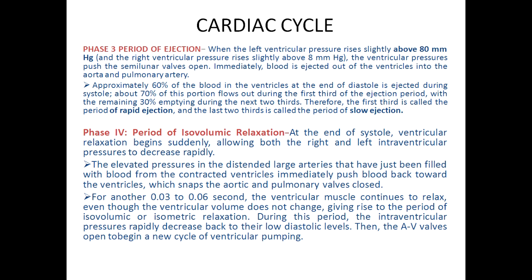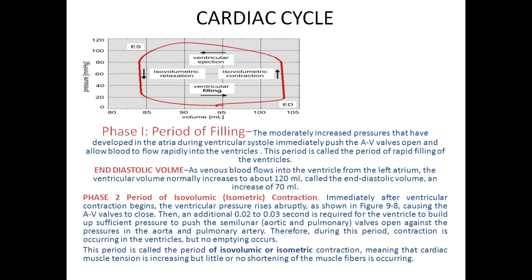So phase 4 is the period of isovolumic relaxation and phase 2 is isovolumic contraction. Here in phase 2, the ventricles are contracting, but there is no flow of blood in the ventricles, so it is called isovolumic contraction, because ventricles are in a stage of contraction.